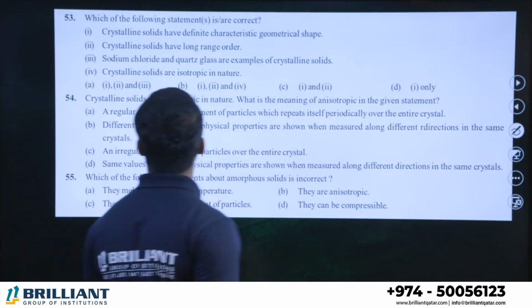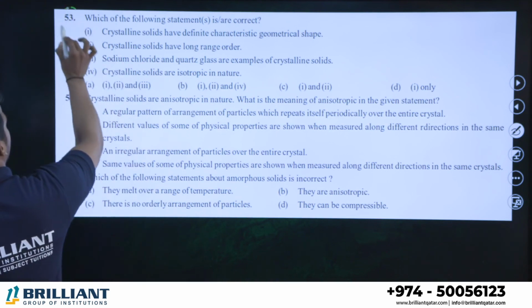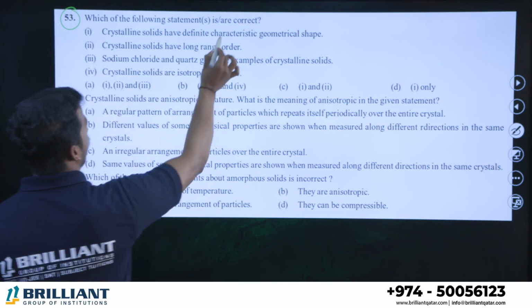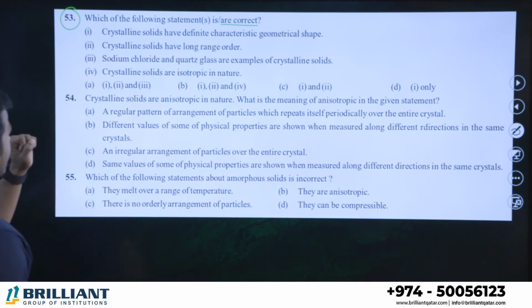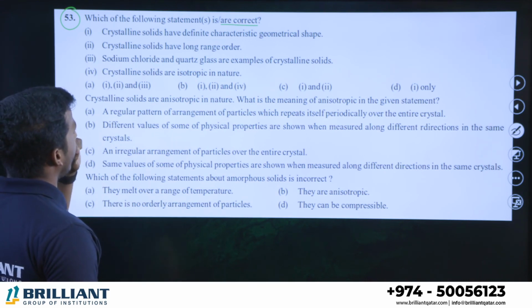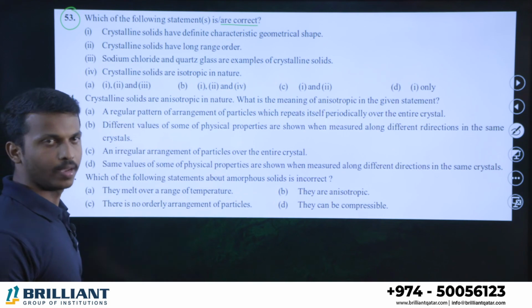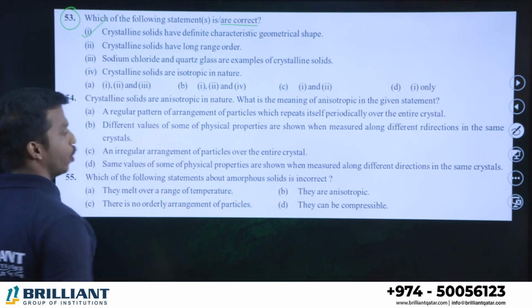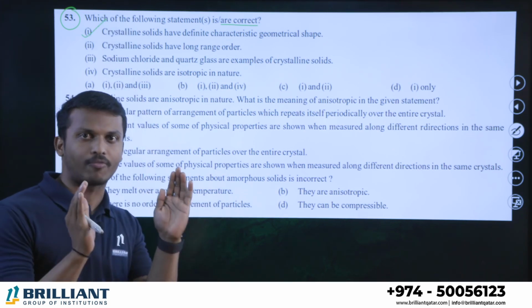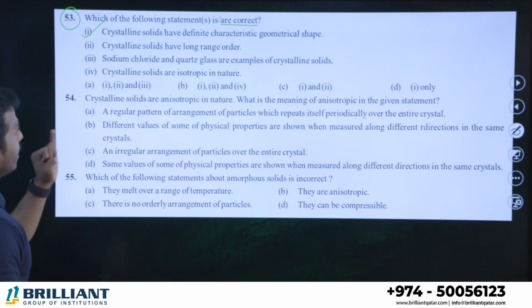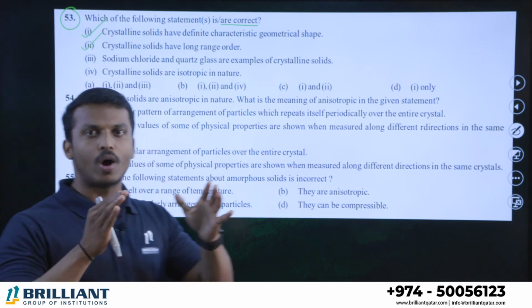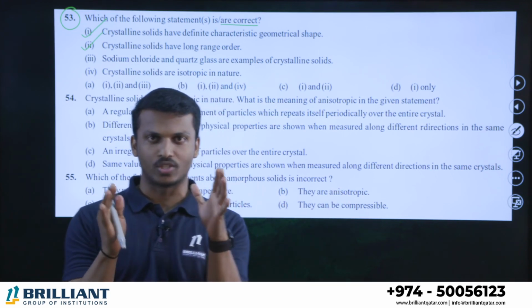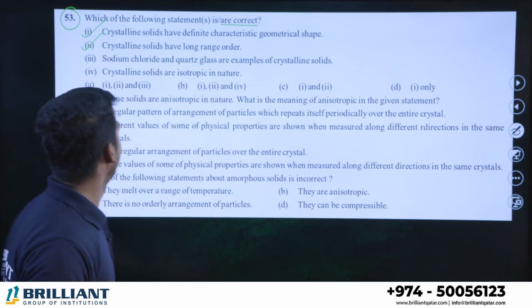Question number 53. Which of the following statements is or are correct? Option first, crystalline solids have definite characteristic geometrical shape. Correct, because of long range order, a perfect geometry is there. Yes, in crystalline solids, throughout the system, the particles are arranged in a very proper manner.